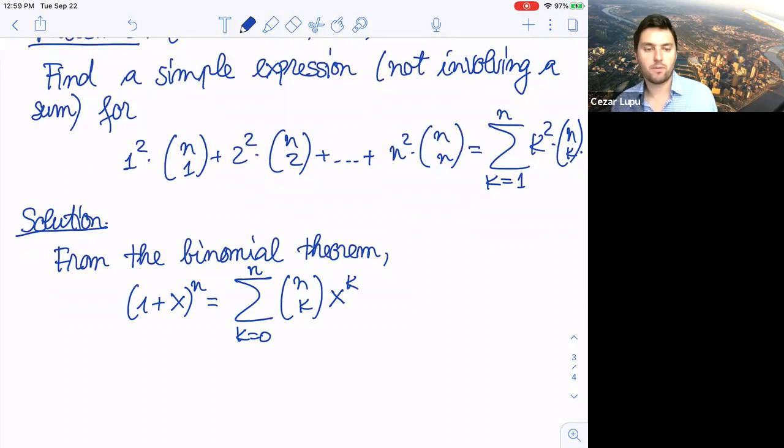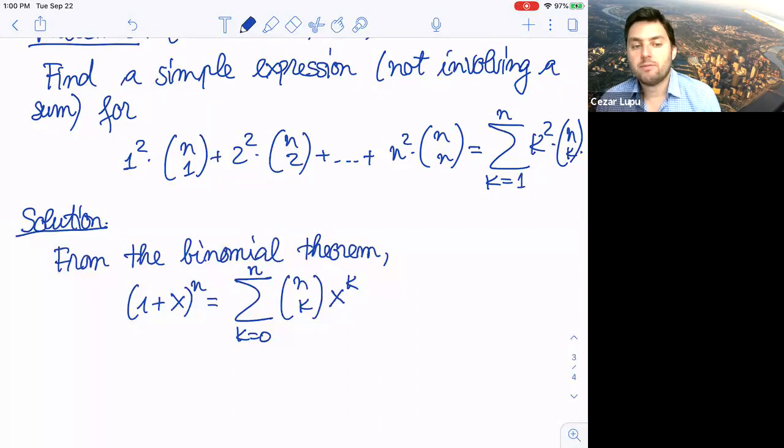Remember, (x plus y) to the power n was the sum of n choose k times x to the k times y to the n minus k, but in this case, y is 1.